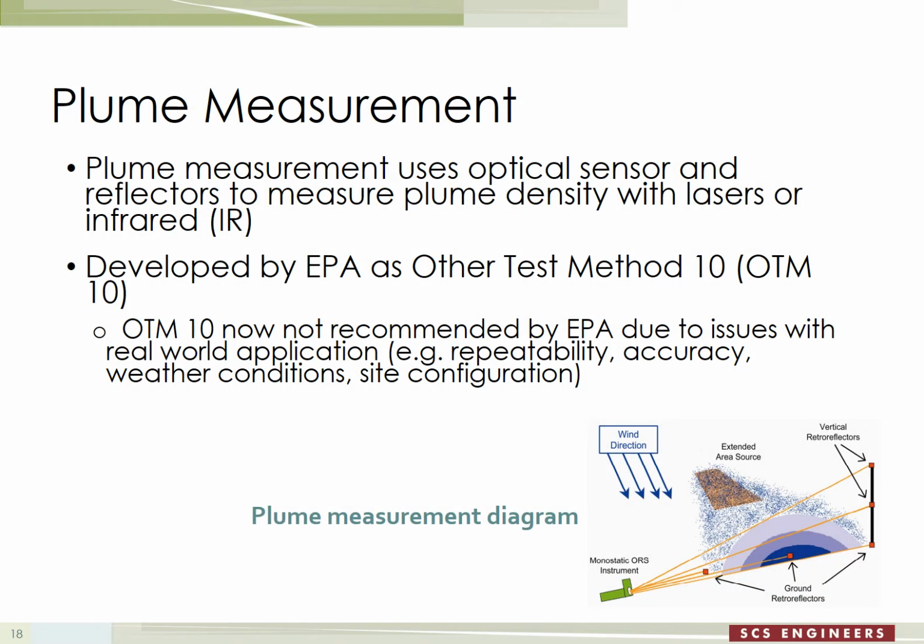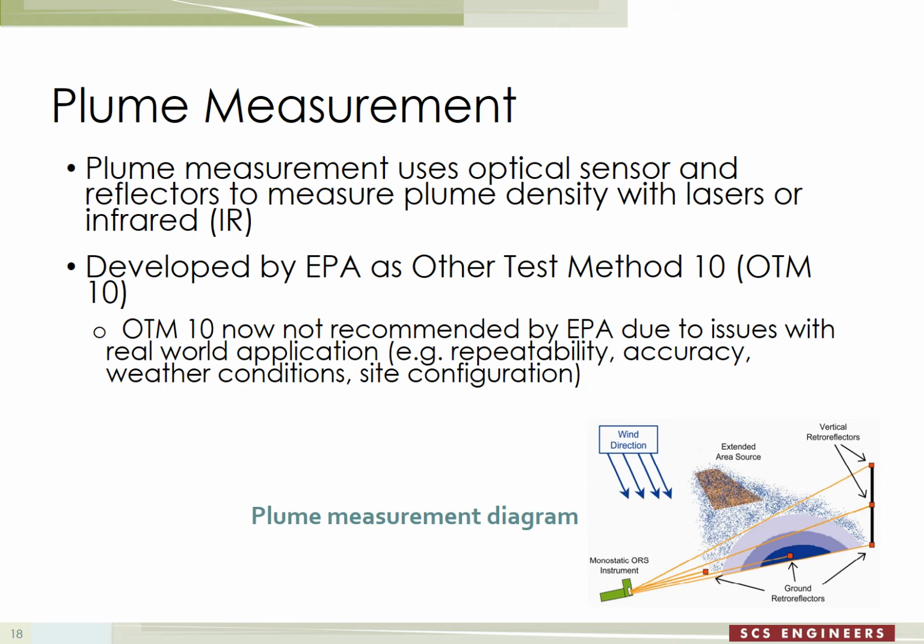There are also plume measurement techniques, and these are optical techniques where lasers or infrared beams are shot across the surface of the landfill, and there are reflectors and other things that measure the diffraction of those beams as methane passes through them, and they use that to measure the rate of methane emissions.